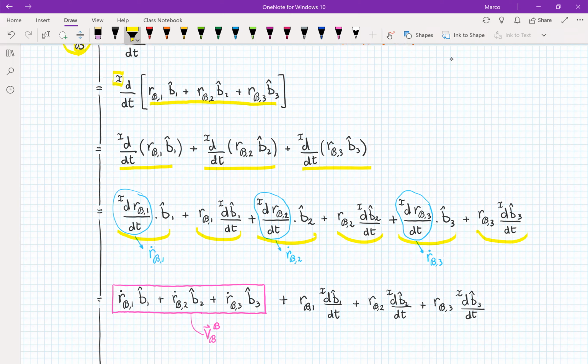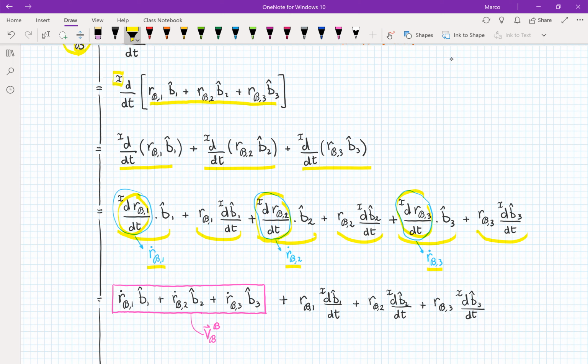And let's see if we can simplify something. Well, first of all, we recognize that these components are simply r dot b1, r dot b2, r dot b3.